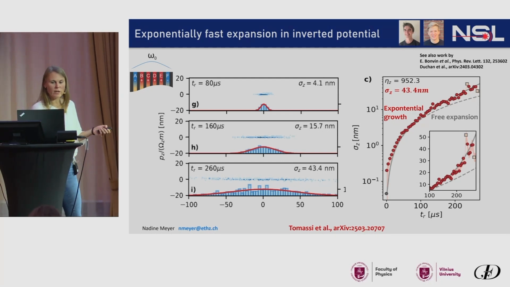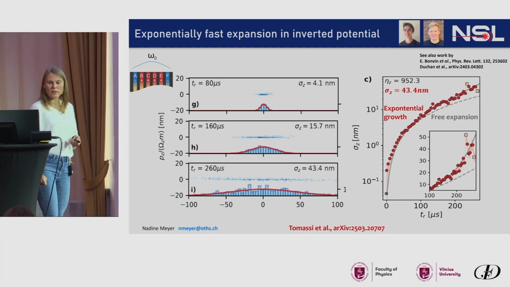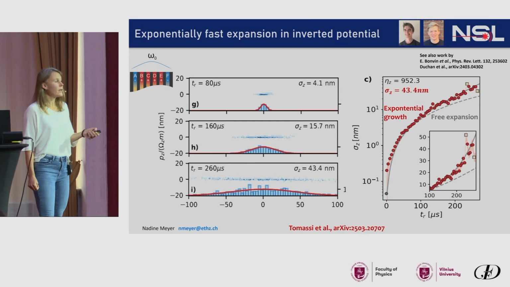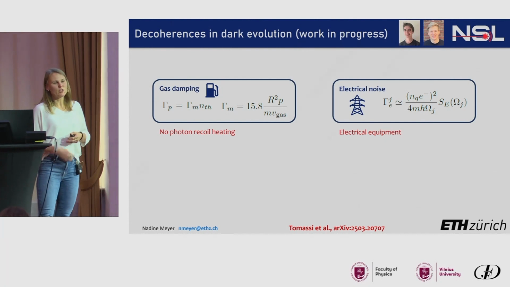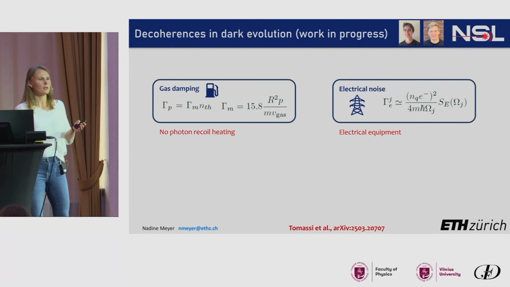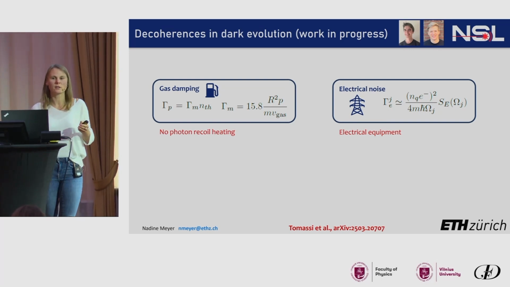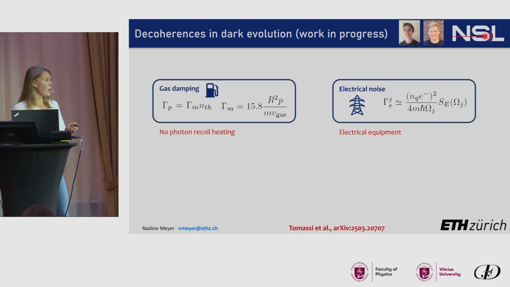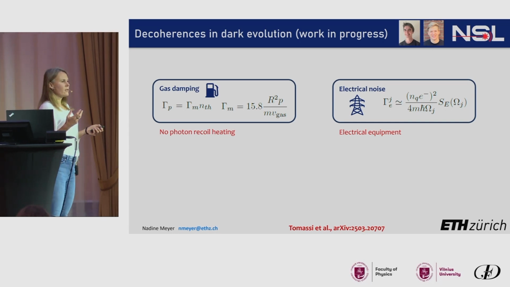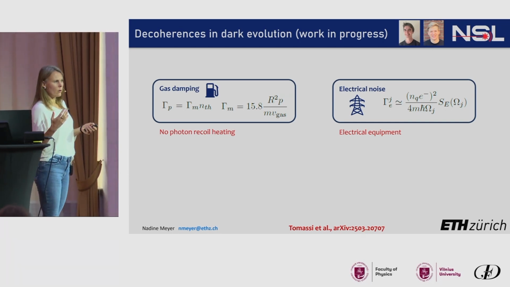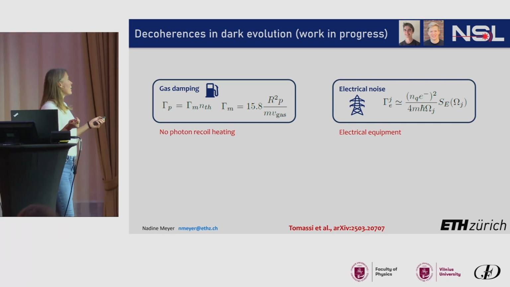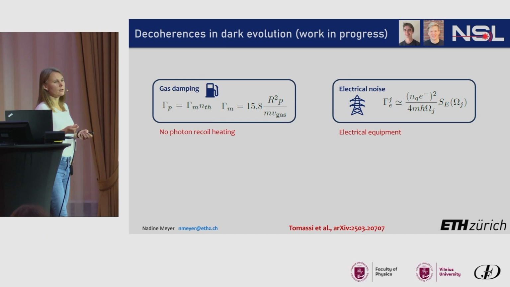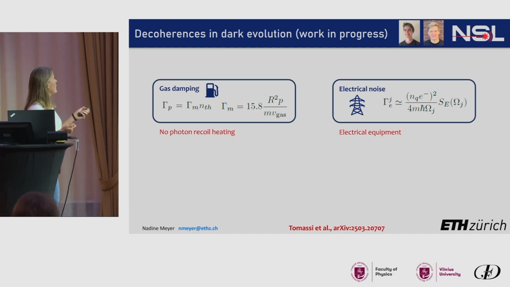So great, a factor of 1,000 in expansion, but the expansion actually doesn't come just from the coherent dynamics, it's actually also heating. So we have quite significant decoherence and heating effects in the system because it's not optimized for this. Due to the fact that we are working in the dark and we switch off our optical potential, this is already good because we don't have photon recoil heating, but we will still have gas damping.